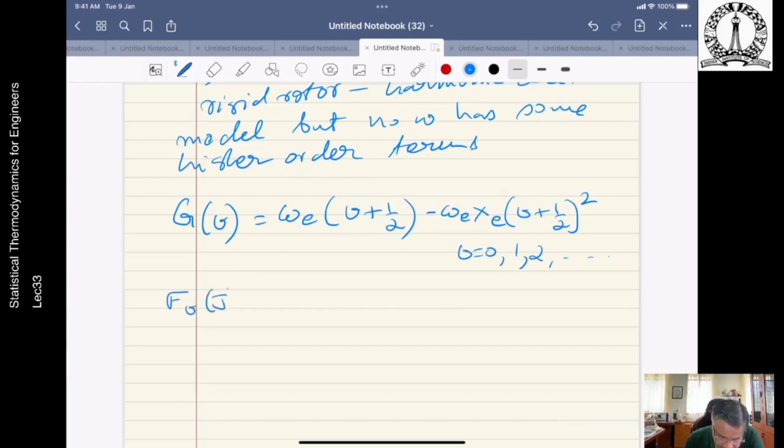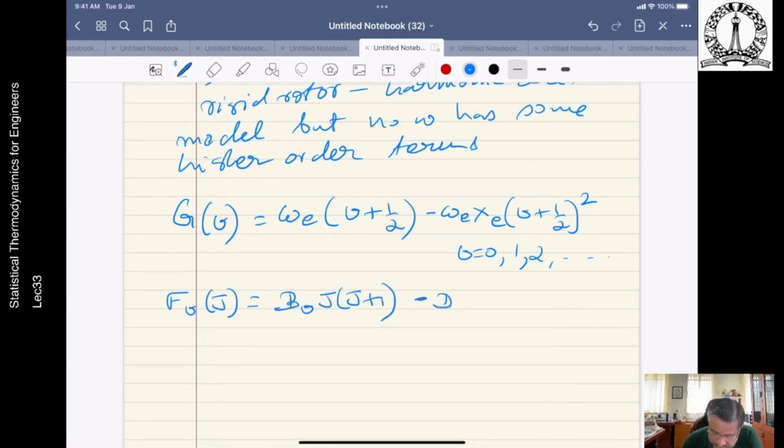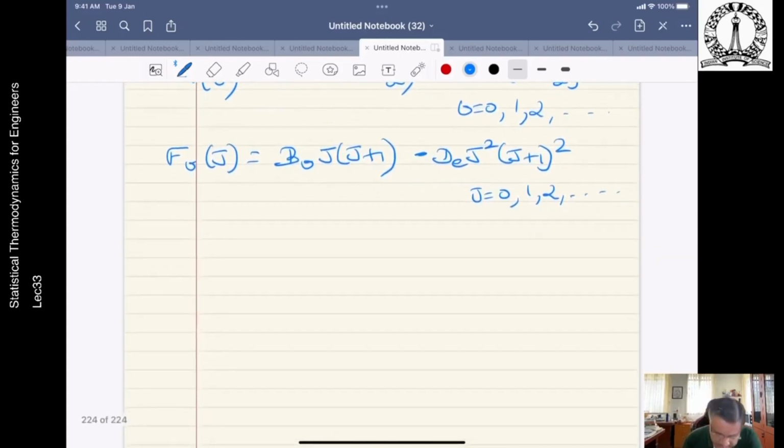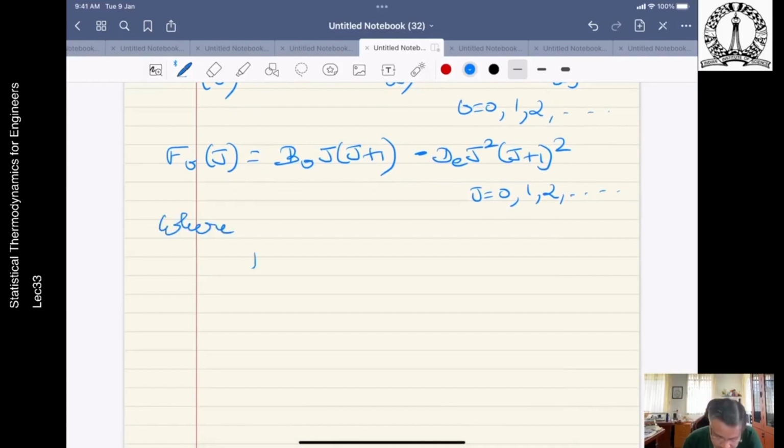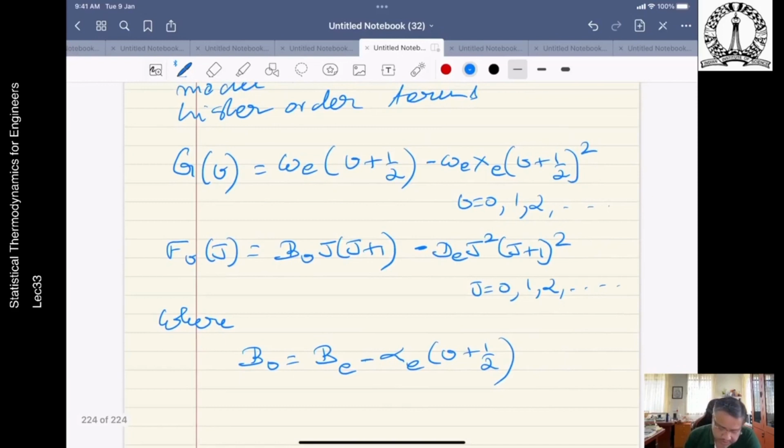Similarly, FVJ is given as BV J(J plus 1) minus DE J square (J plus 1) whole square, J equal to 0, 1, 2, and so on, where BV is equal to BE minus alpha E times (V plus half). These are the two expressions that we get.